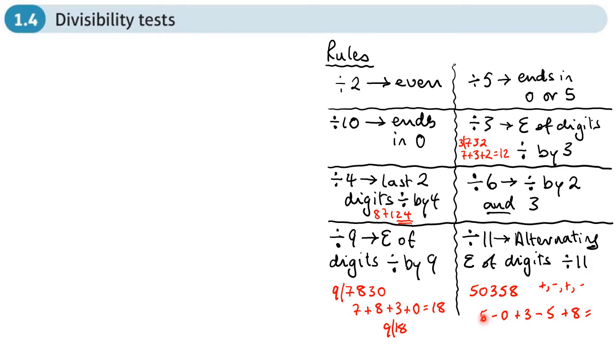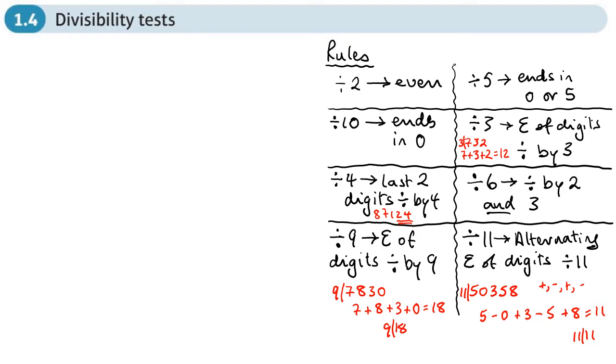So that will give us 5 minus 5 is nothing, 0 adds nothing, that gives us 11. So the alternating sum is divisible by 11. That's just 11. So even if the alternating sum was 22 or 33 or any multiple of 11, that proves that the original number is also divisible by 11.